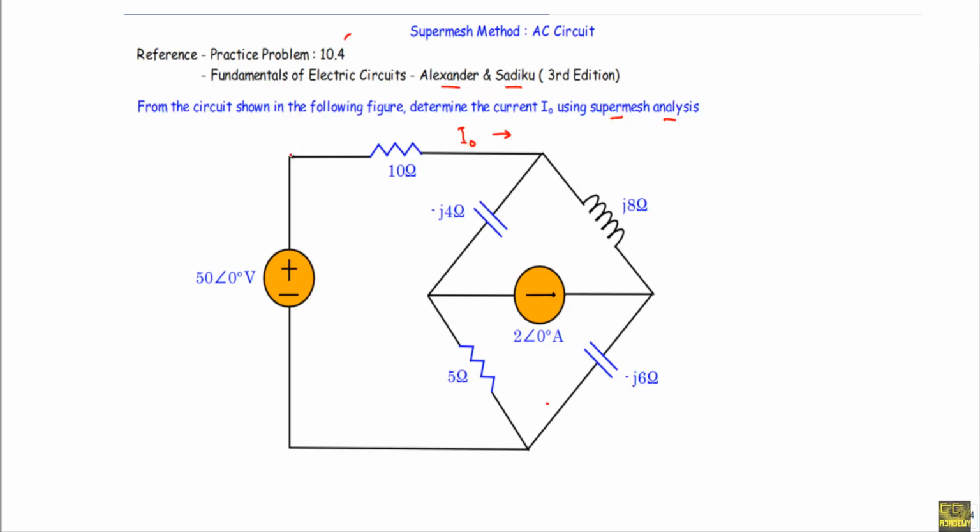At first, let me identify the meshes in the network. Let's say this is point A, this is B, this is C, this is D, this is E, this is F. Now see, A, B, C, E, F, A will form mesh 1.